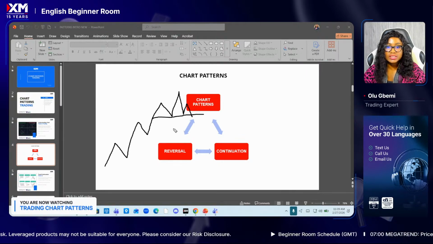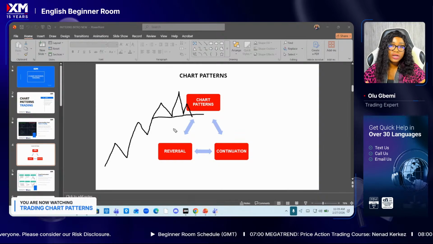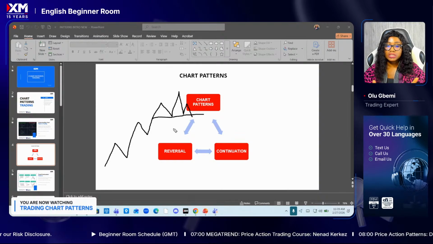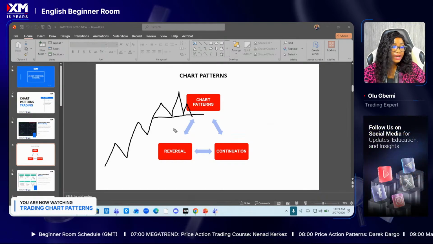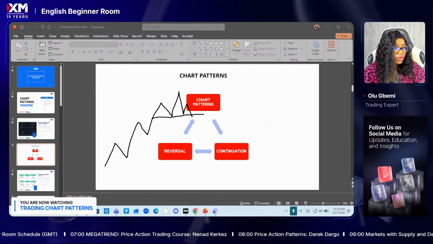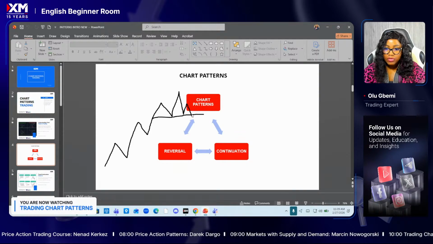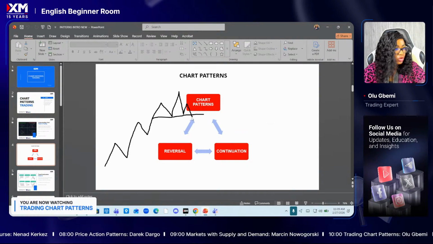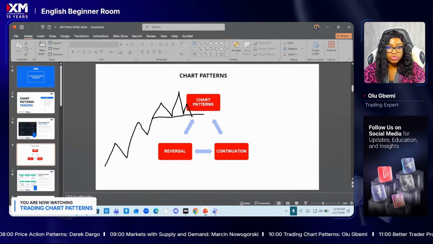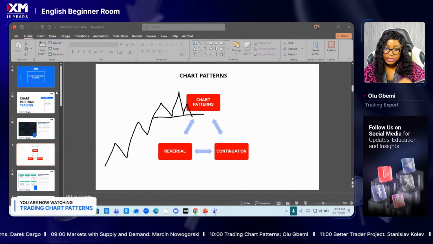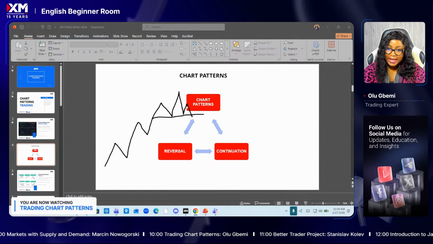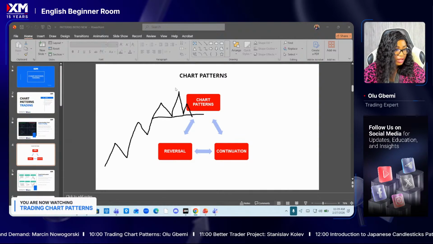So as I see this pattern and I see that there is already a changing characteristic of the trend, in an uptrend, I want to see higher highs and higher lows. But now I am seeing lower lows. A lower low has now formed because the close below this level is going to show me a low that is lower than the last. And then this high here is lower than the high before it.